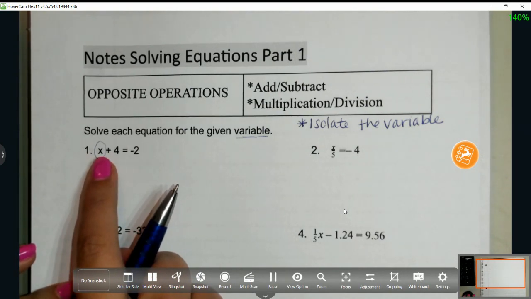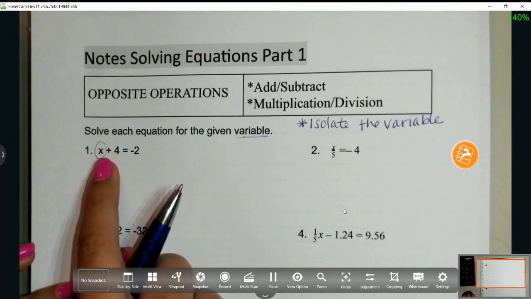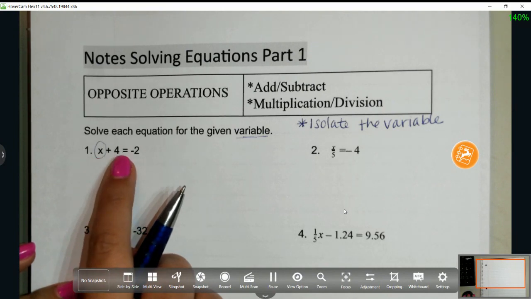So for number 1, if we're looking at an equation, again, equal to sign, and we're solving for the value of the variable, the unknown, I'm asking myself, okay, to get x by itself, what's happening? So to begin, what are we even doing to x to start with? Well, for this equation, we are adding 4. We're increasing x by 4.